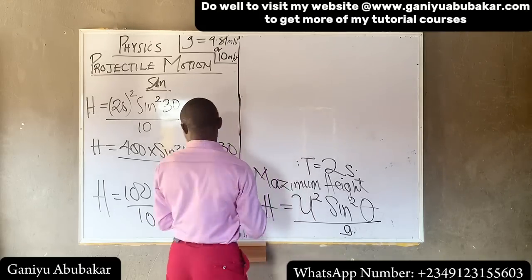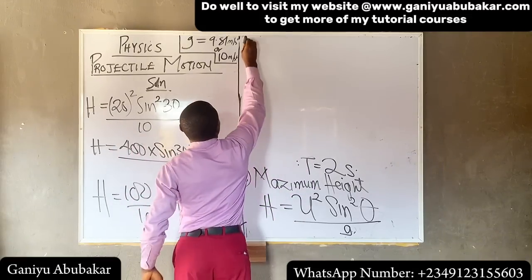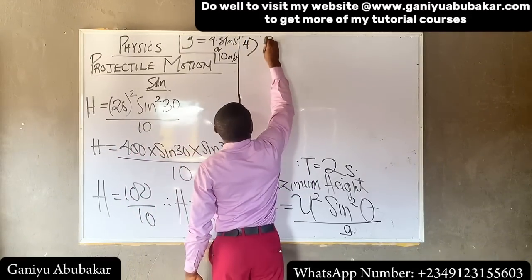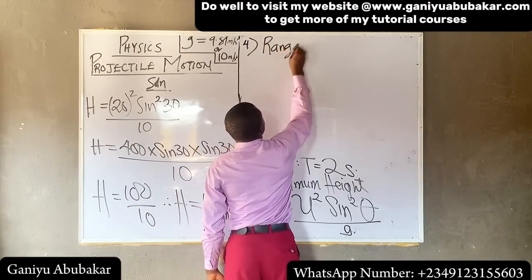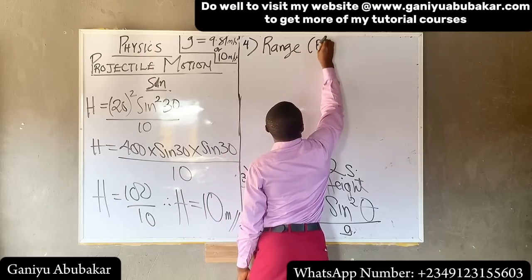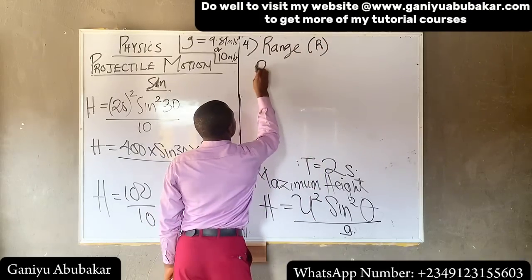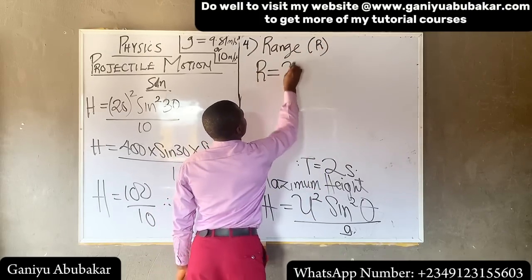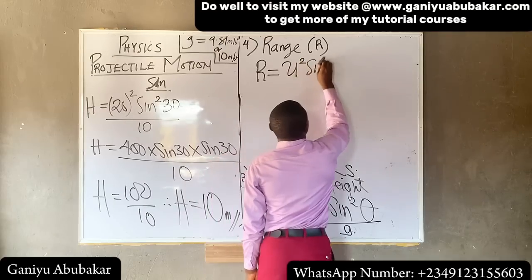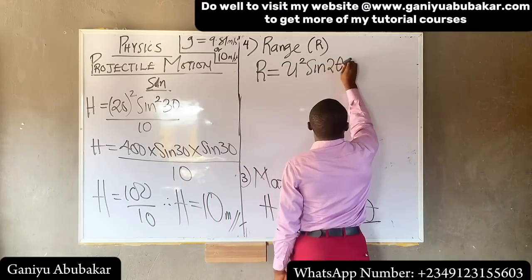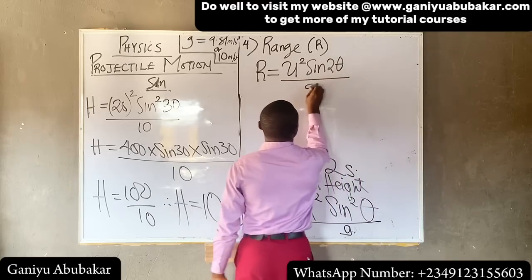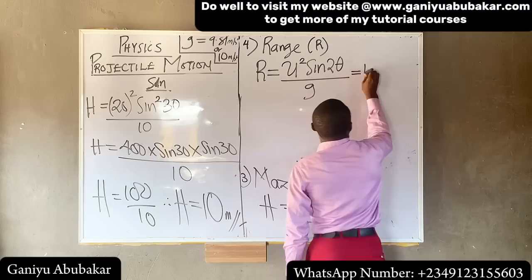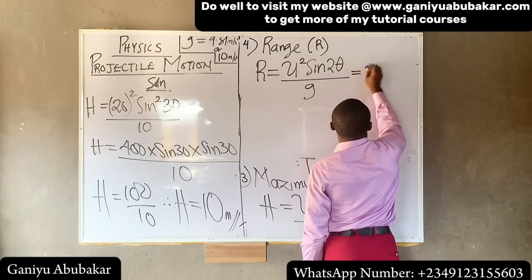All right. That's range. R equals U squared sine 2 theta over G. What's U? 20.